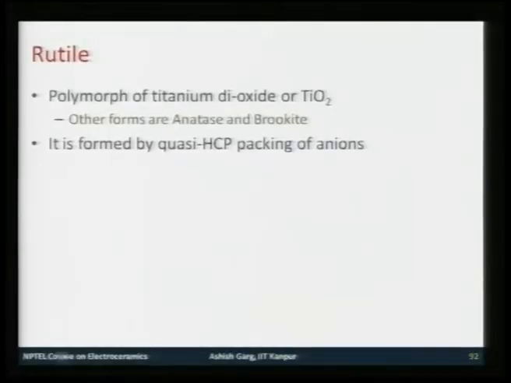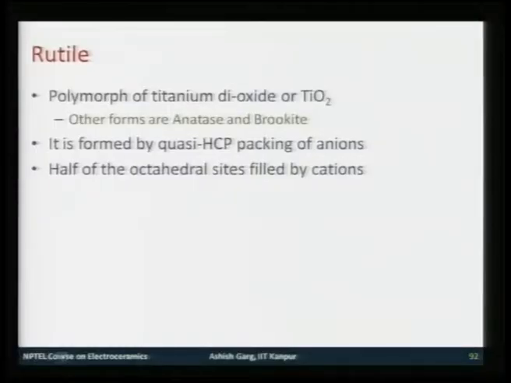Now, in this structure you have quasi HCP packing of anions, which means anions pack in the same fashion as in an FCC structure, but there is some distortion in terms of spacing of atoms and formation of a perfect hexagon. So, it is not exactly a hexagonal structure, but sort of a quasi HCP structure.